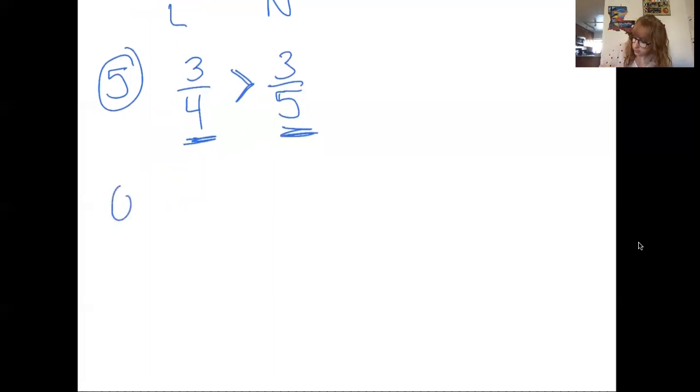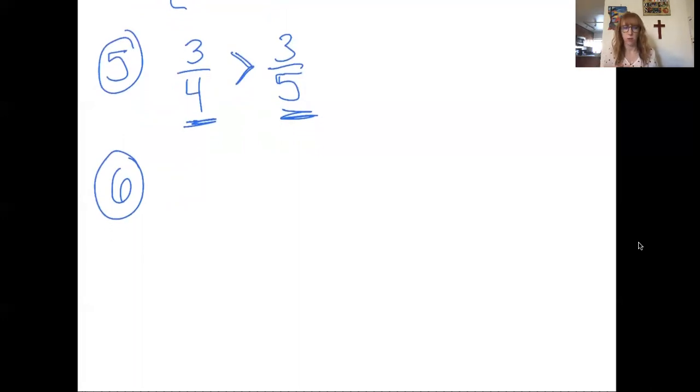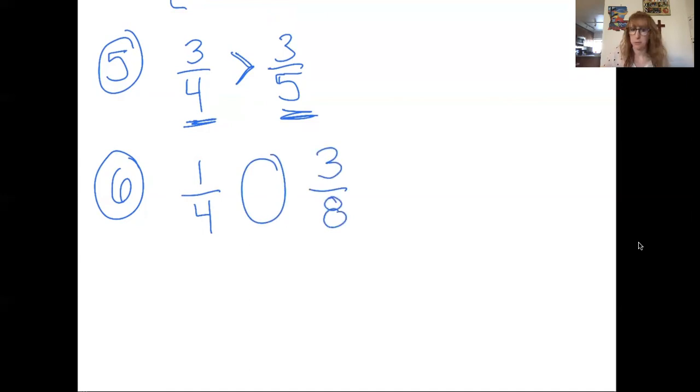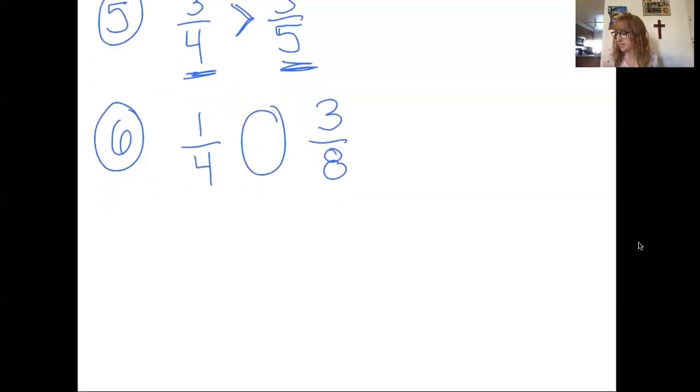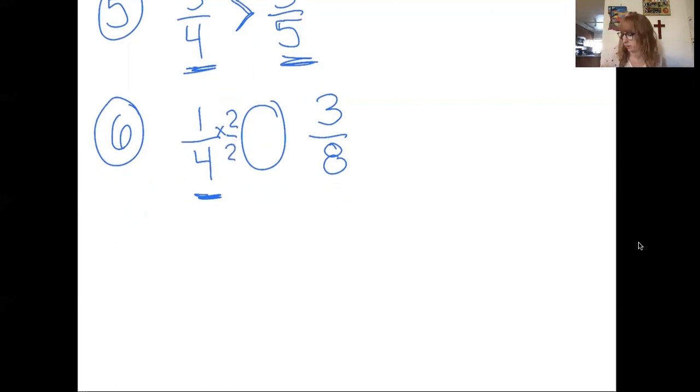For number 6, it is asking if 1/4 is equivalent to 3/8. If we write our comparison statement, when we write those two fractions next to each other, we can easily see how to get a common denominator. I can get 2/8 with 4ths, so I'm going to multiply by 2/2. Remember, whatever I multiply to the numerator, I have to multiply to the denominator.